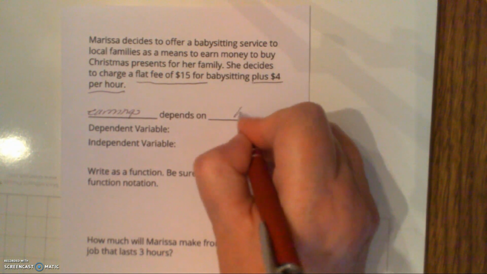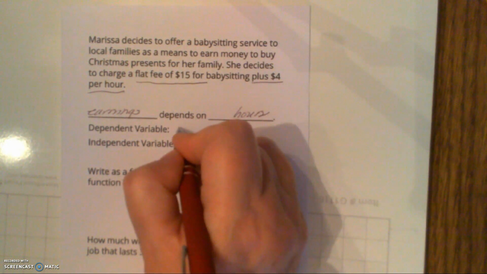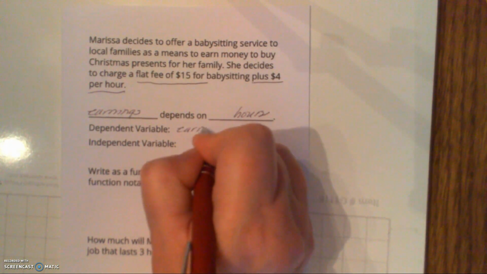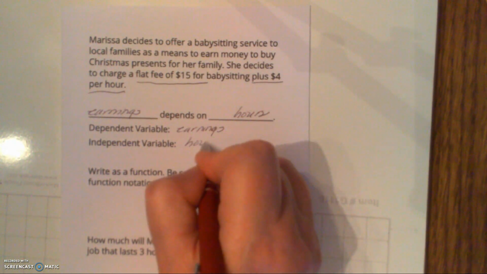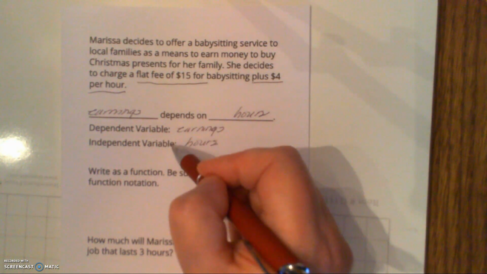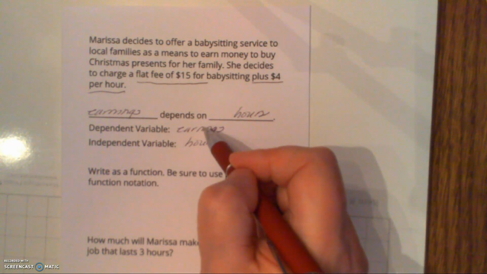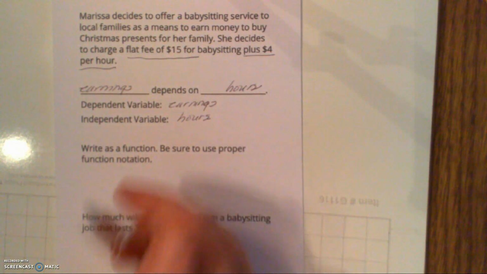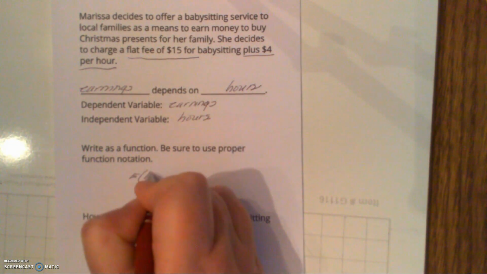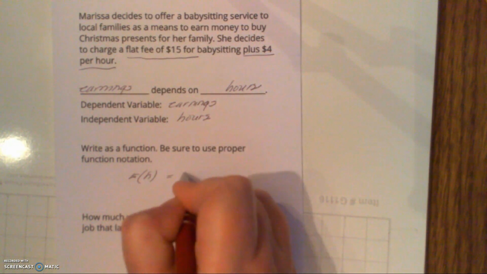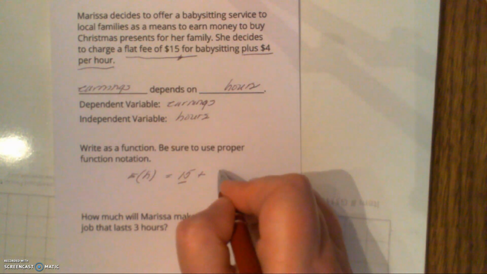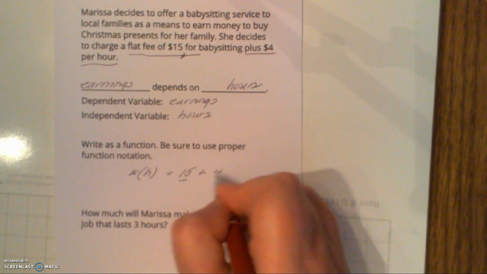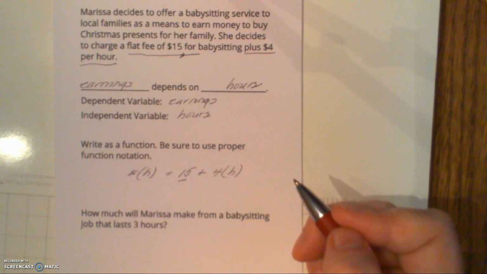depends on hours. The dependent variable is earnings, and the independent variable is hours. Because again, if you keep changing the hours, the earnings will go up. Okay? So now we're going to have E of H equals 15, because that's her flat fee, plus $4 per hour. Okay?